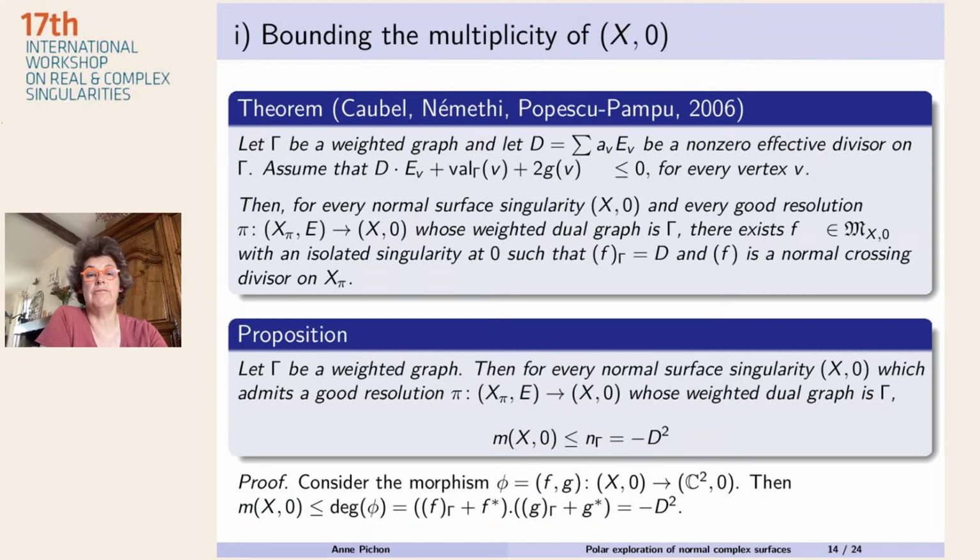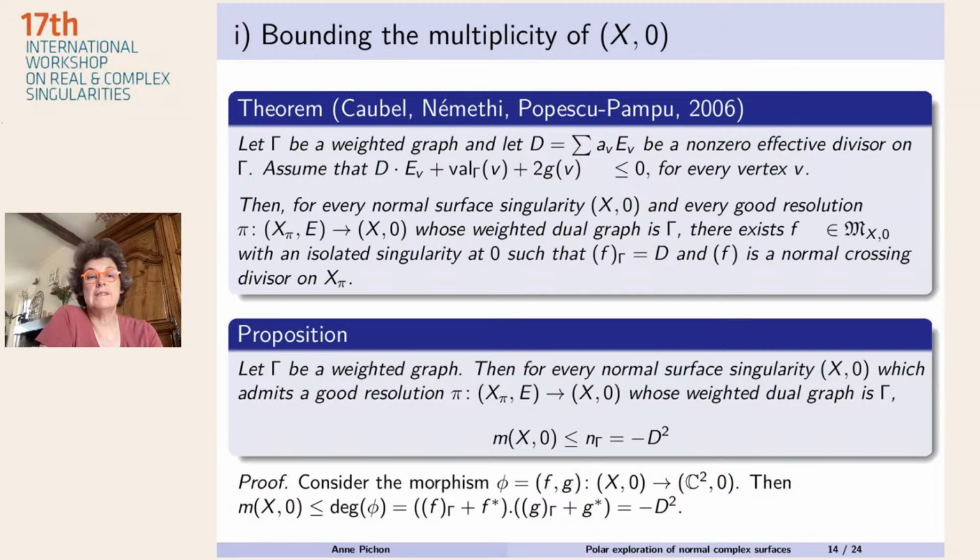This amount is the valency of V, which is by definition the number of incident edges of V, plus 2 times the genus of V. So this is a positive quantity. So what we want is that D intersection EV plus this positive quantity, which is a topological data, is less or equal to 0 for every vertex V.